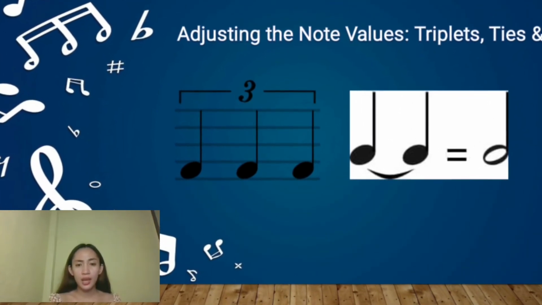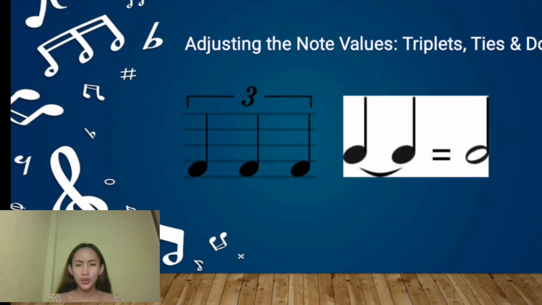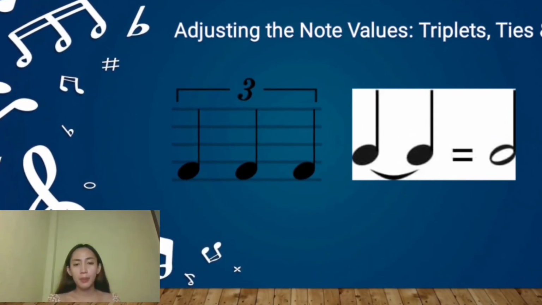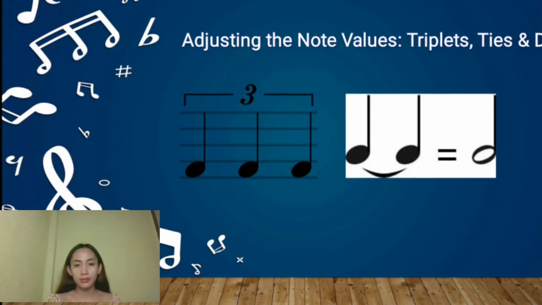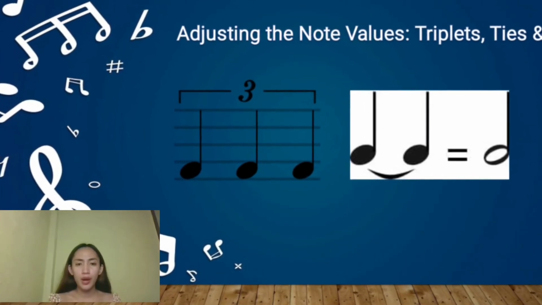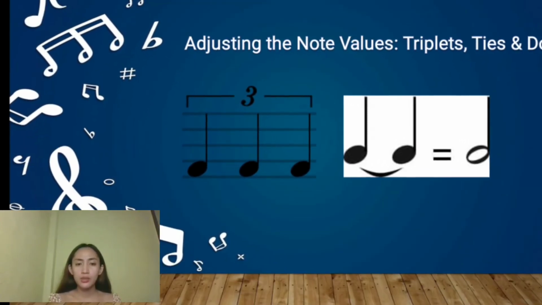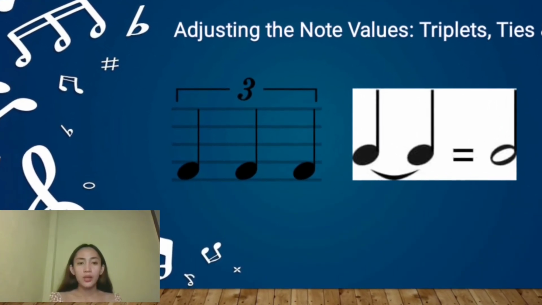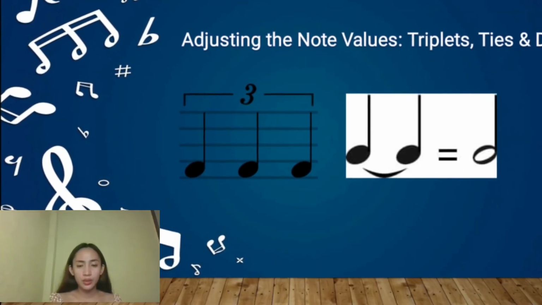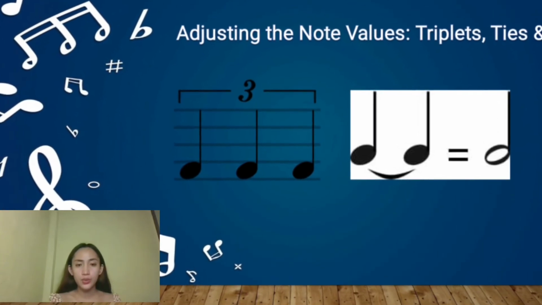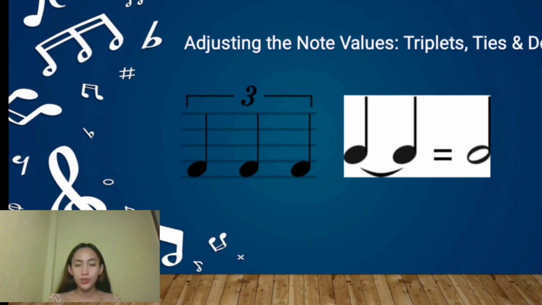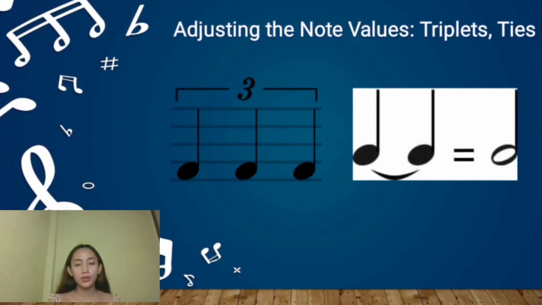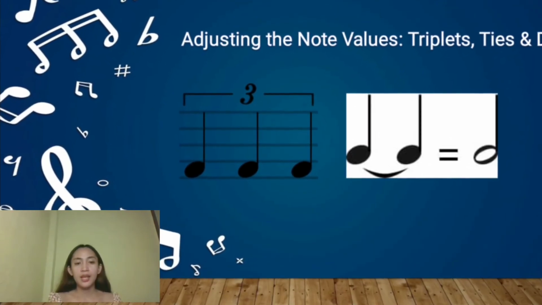Usually you will see 8th-note triplets, but any note value can be combined as triplets. This example is a quarter note triplet. A simple rule of how many beats a triplet is worth is to take away one of the notes. So 3 eighth-note triplets equal 2 eighth notes, 3 quarter-note triplets equal 2 quarter notes, etc.